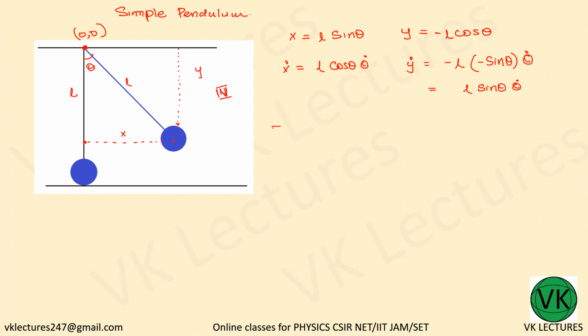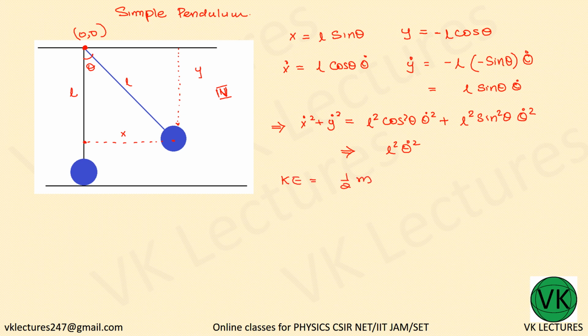Now we have x dot square plus y dot square, that's equal to L square cos square theta theta dot square plus L square sin square theta theta dot squared. So that gives us L square theta dot square. So the kinetic energy is equal to half m L square theta dot square.